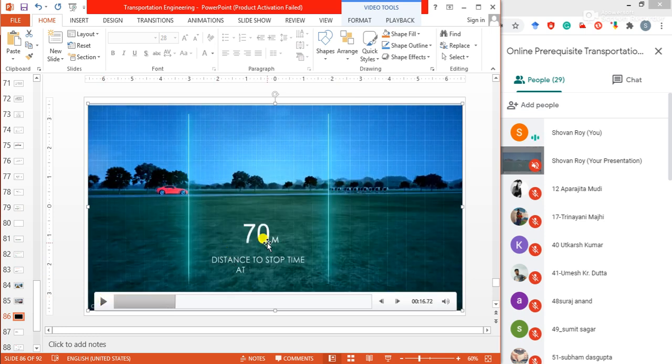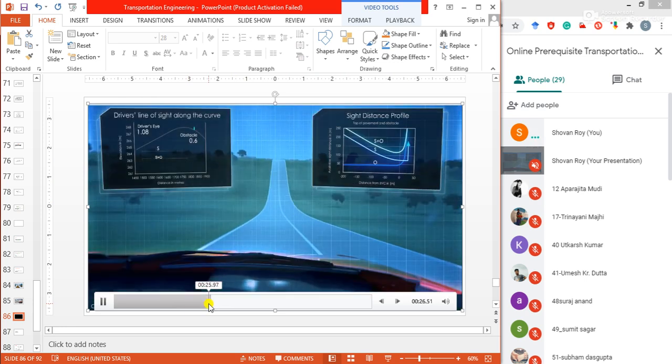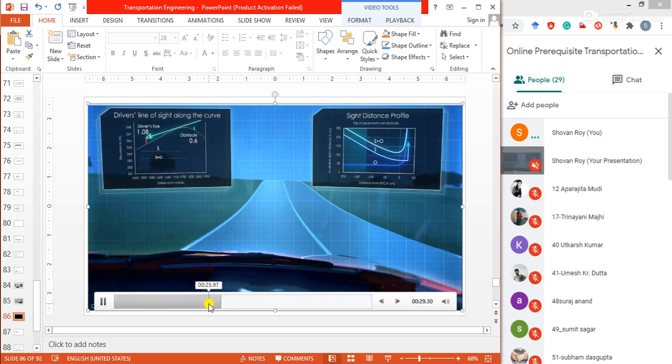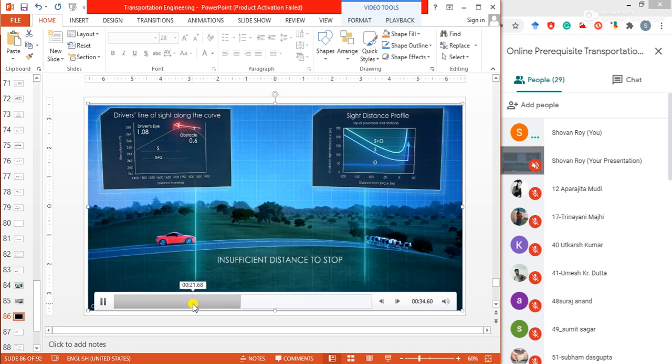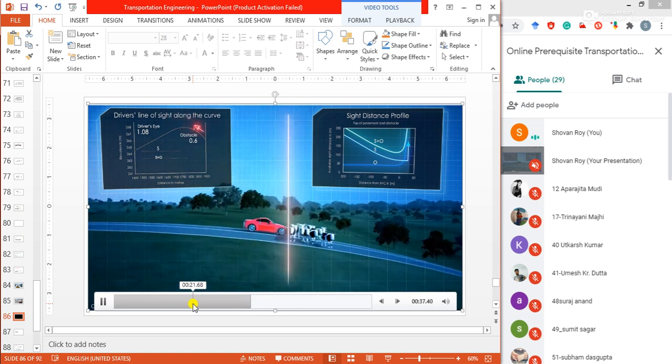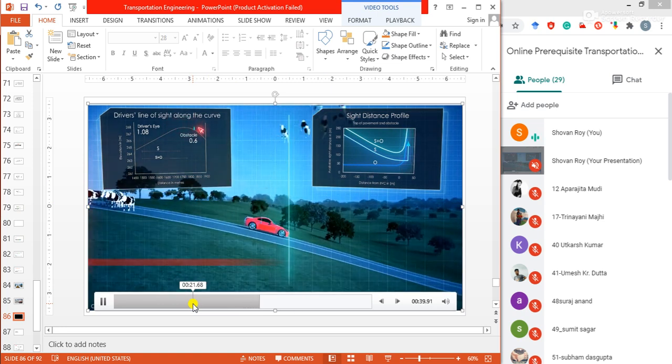You can see the sufficient distance was there. Why? Because the driver can see this obstruction through the sight line, so sight distance is there. But in the second case, where the undulation or vertical curve is there, the driver can't see the obstruction properly, and an accident can happen.